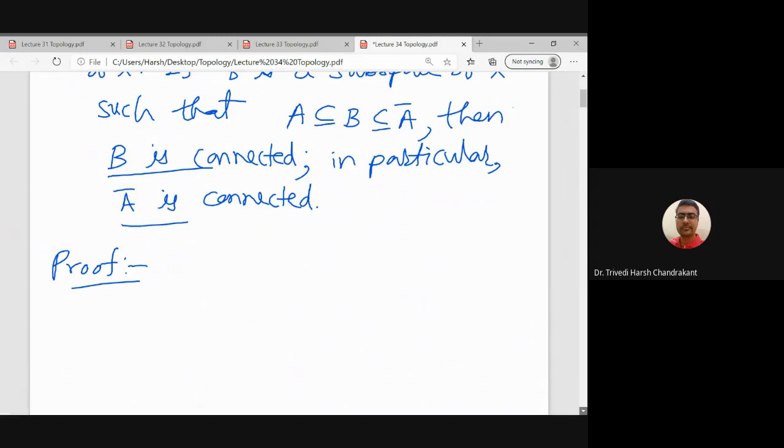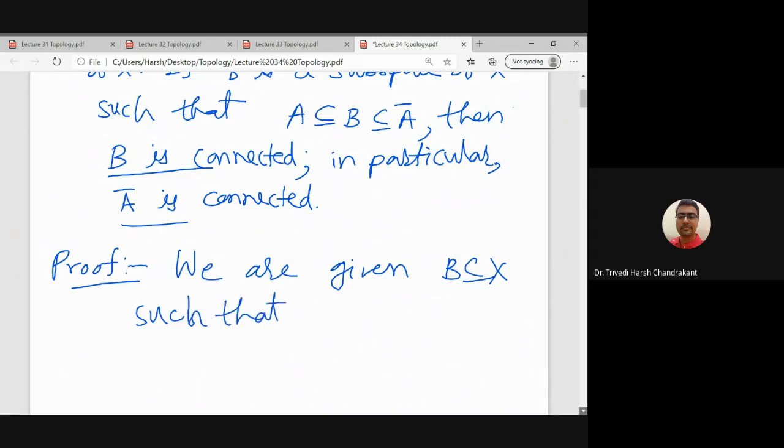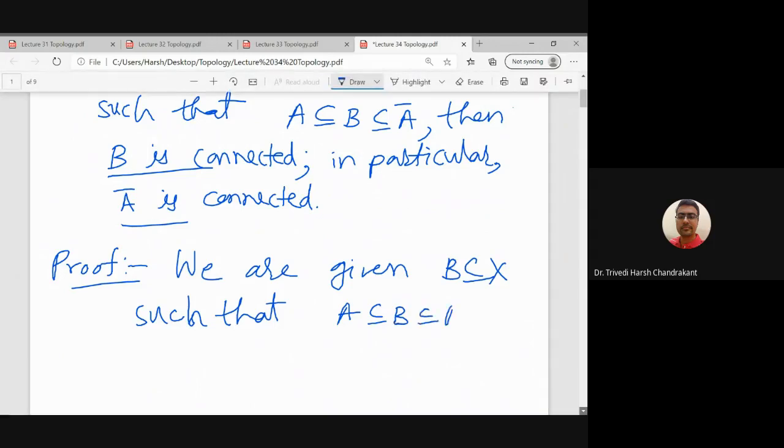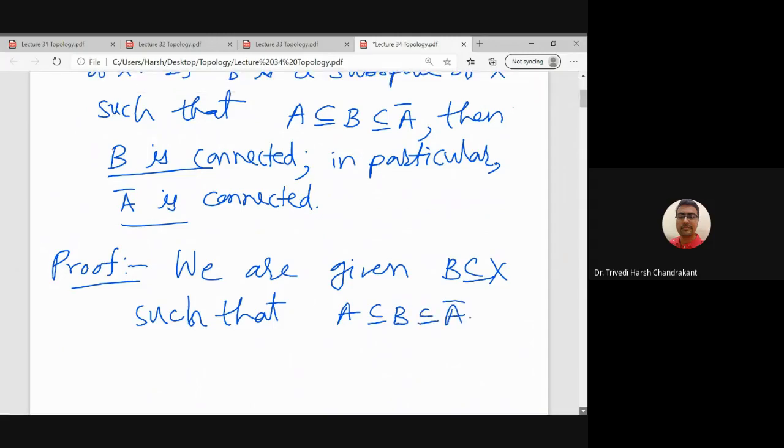So what we know is that we are given a subset of X such that that set contains all points of A and it is a subset of A closure. So this is given. What we want to prove is that B is a connected topological space in the subspace topology.